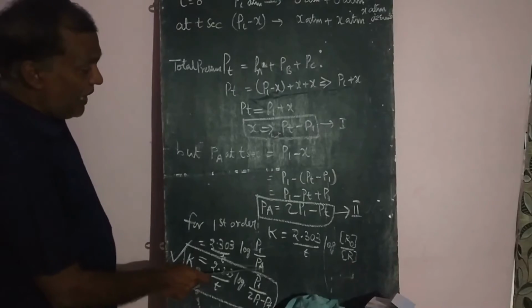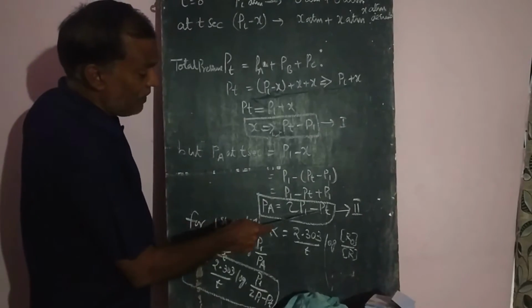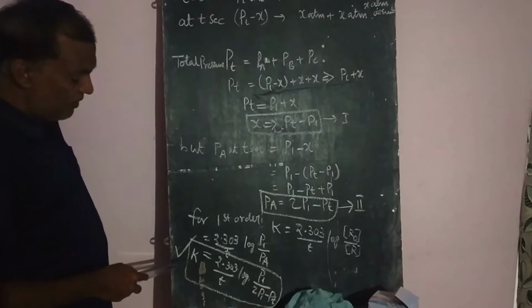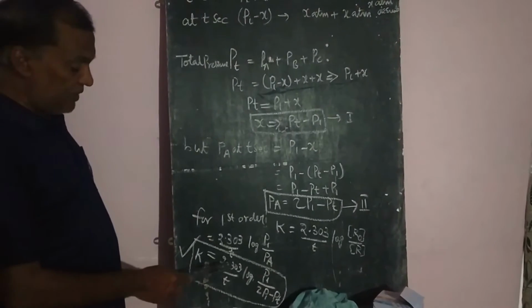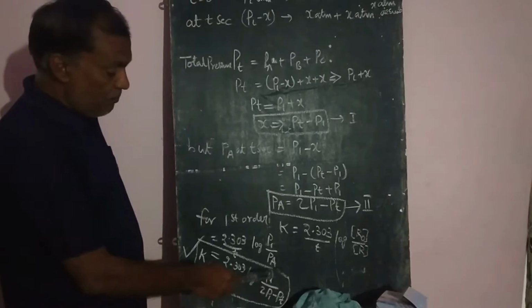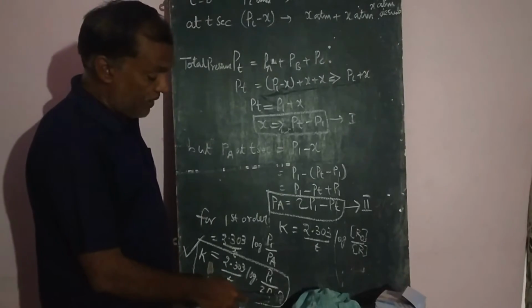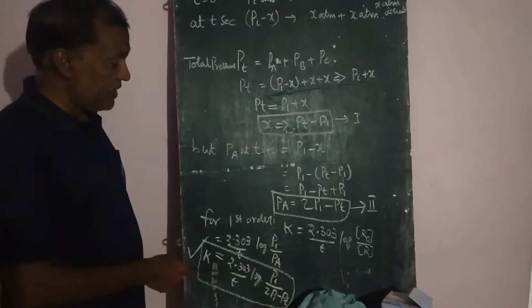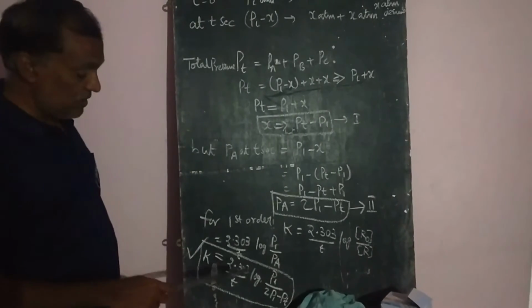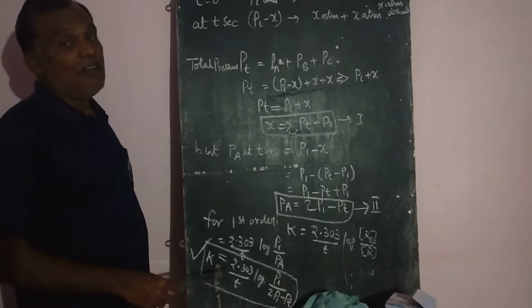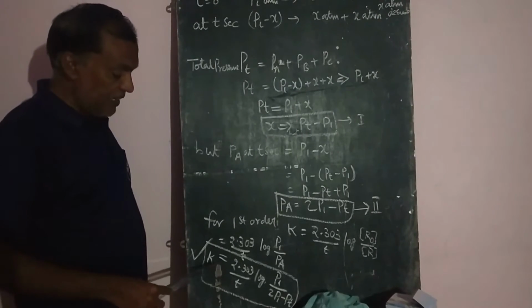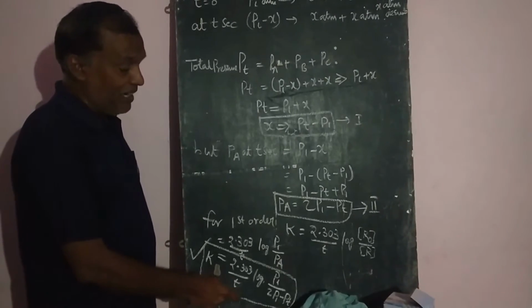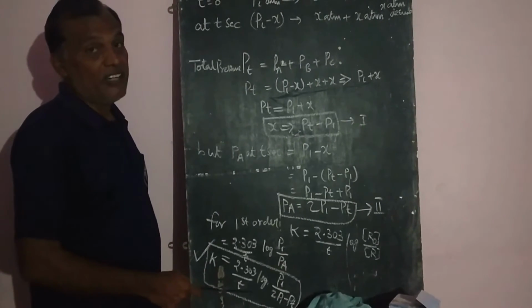But PA is equal to 2P1 minus PT. Substituting this value, the final value is K equal to 2.303 by t log P1 by (2P1 minus PT). The same formula we can derive with the concentrations of the reactants. So this is the important formula for pressures: K is equal to 2.303 by t into log P1 by (2P1 minus PT). This is for the first order reaction.